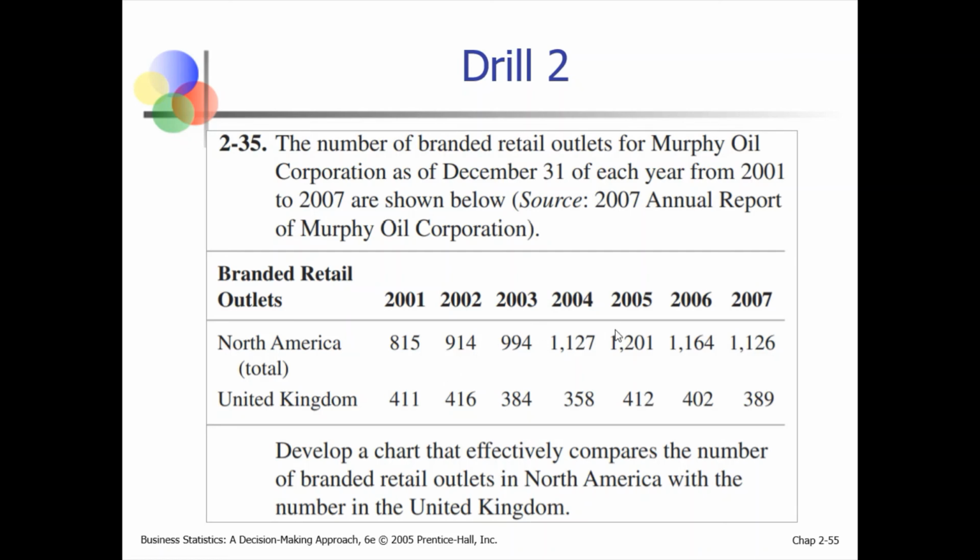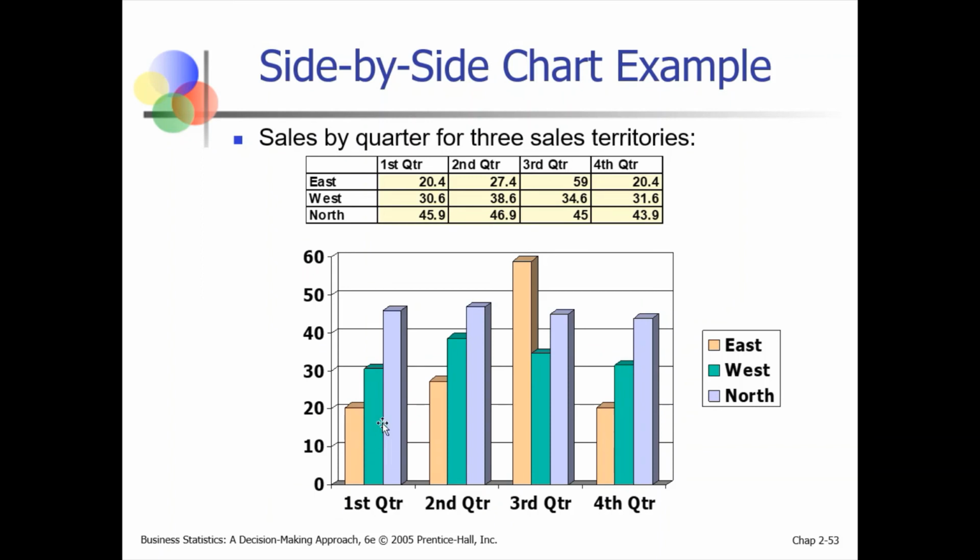So in that case, it is more effective to keep the number of bars minimal, and to put the category with many values on the y-axis so the chart is not crowded.